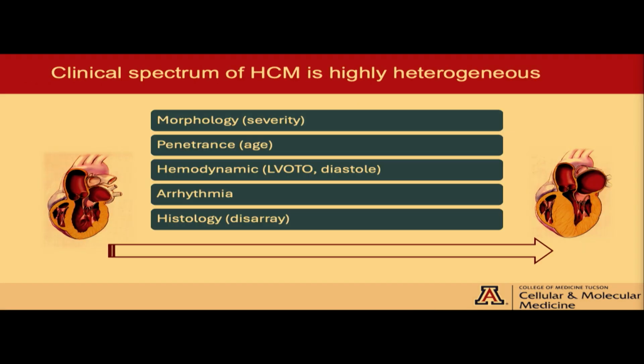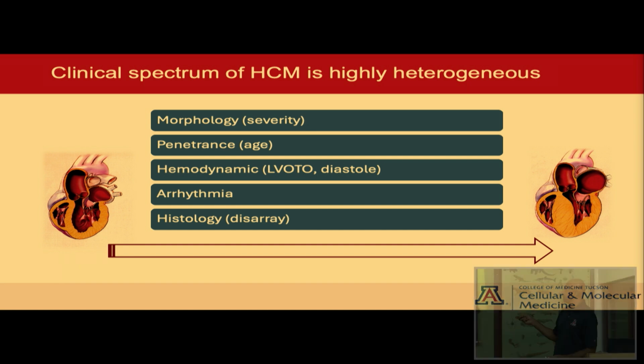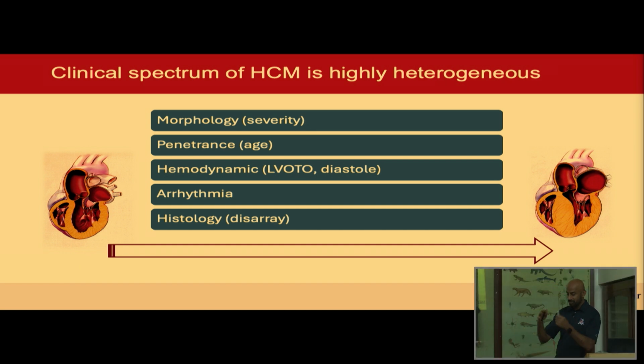Again, we talked about all the variabilities in the disease development, starting from the cardiac structure, the thickness, chamber size, etc., and then the penetrance.